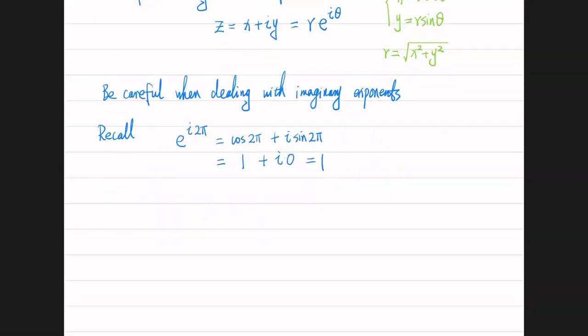Okay, now let's compare it with e^(iπ) if we divide this by 2. Let's see the difference between the two expressions.